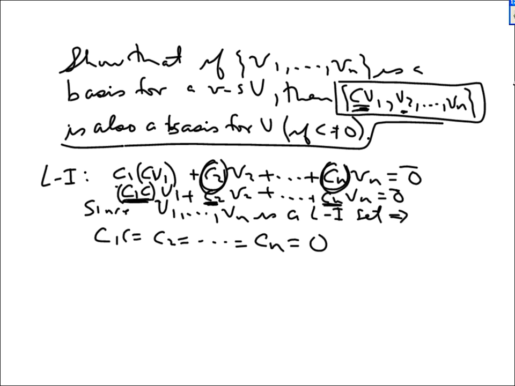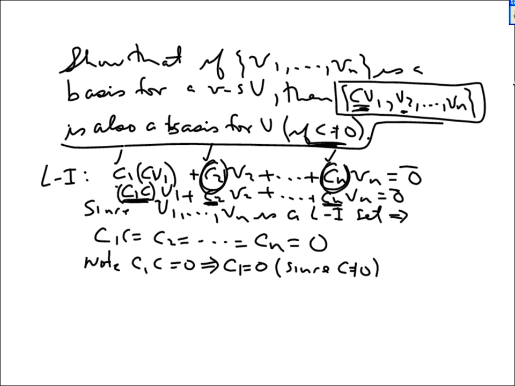Now, note C1 times C equals 0 implies that C1 is 0, and that is because we said C is not 0. So what I discovered was all of these coefficients are 0. C2 is 0, C3 is 0, Cn is 0, and C1 is 0.